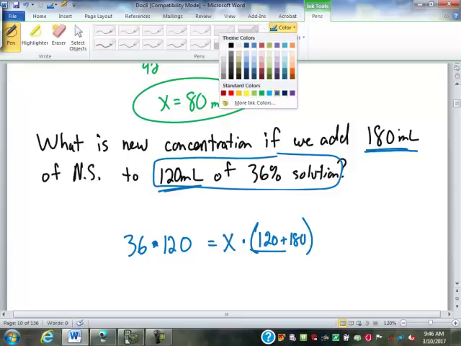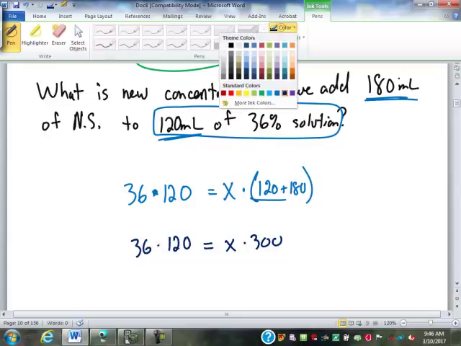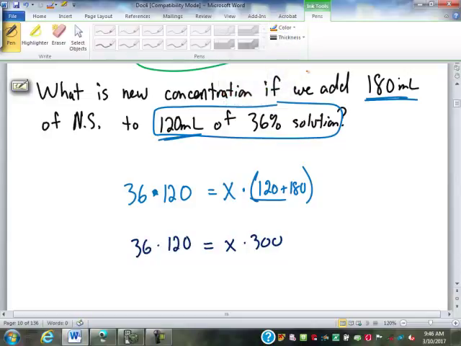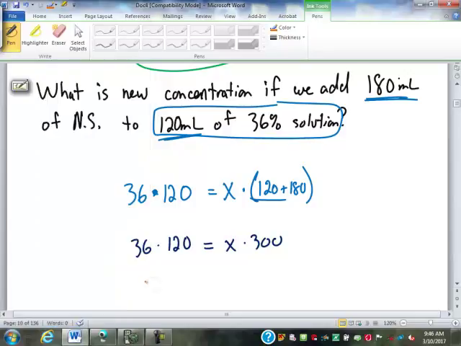So yes, that'll be 120 plus 180, or 300 milliliters. So now we have to do that 36 times 120, which is going to give us 4,320.